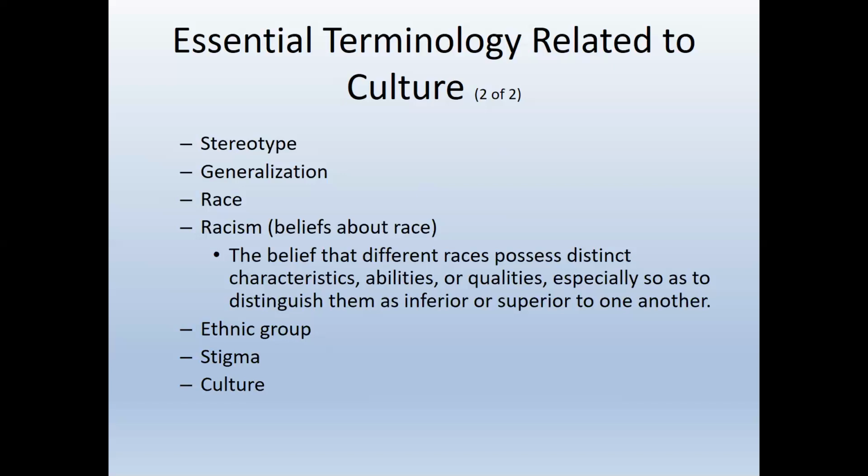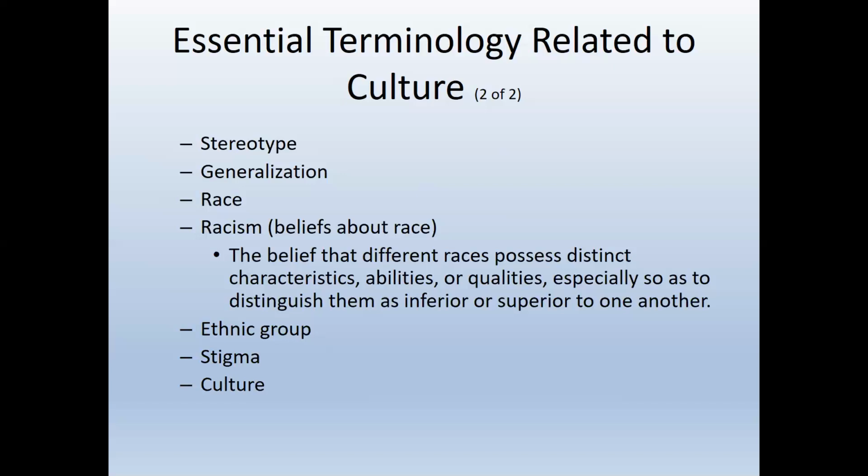And then there is race, which again is not always clearly defined. And racism, I added a little more description here because this term is undergoing certainly a cultural, almost like a cultural reformation of its meaning.